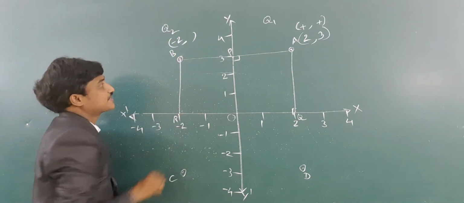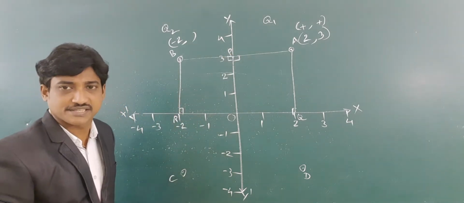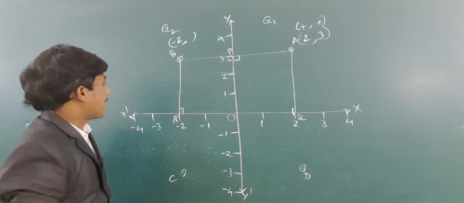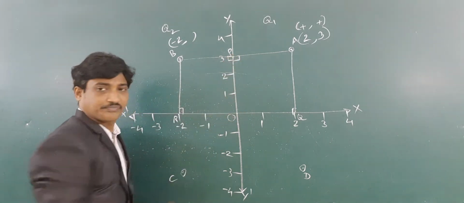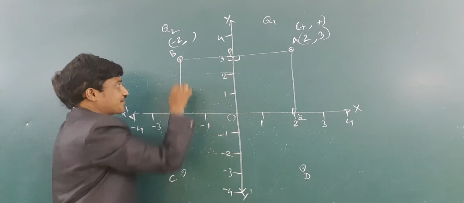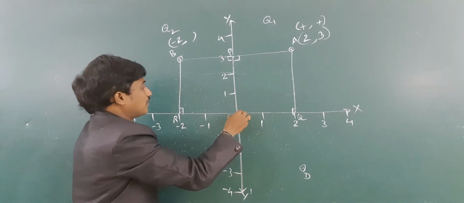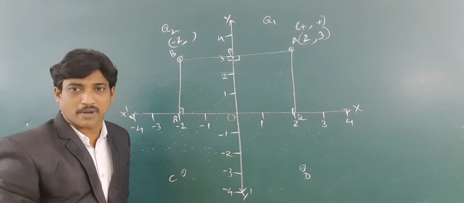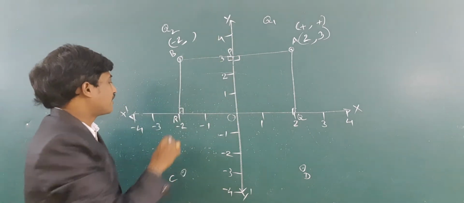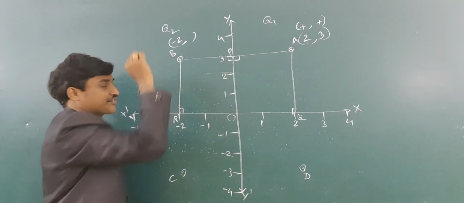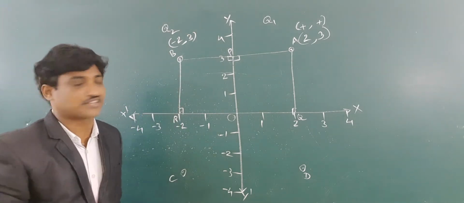The perpendicular distance from the given point to the x-axis is called the y coordinate. Here PO is 3 units. This distance RB is moved along the line parallel to OY, and as OY is the positive y-axis, we take this distance RB as positive, that is 3 units, so plus 3.